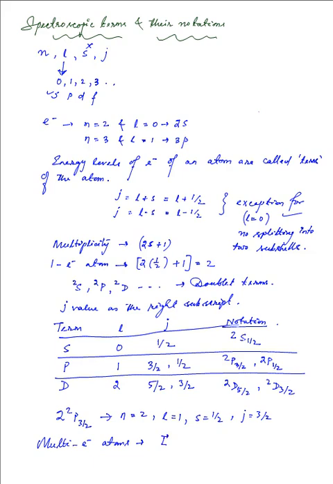And then all the spin quantum numbers add up vectorially to give a resultant spin quantum number, and finally these two couple to give the corresponding total angular momentum. So this is how we calculate the angular momentum when we consider multi-electron atoms.